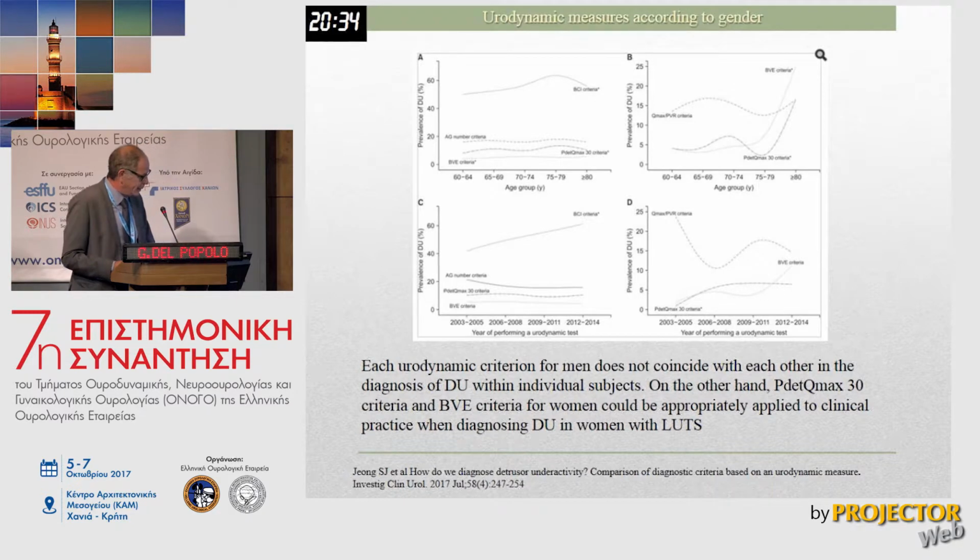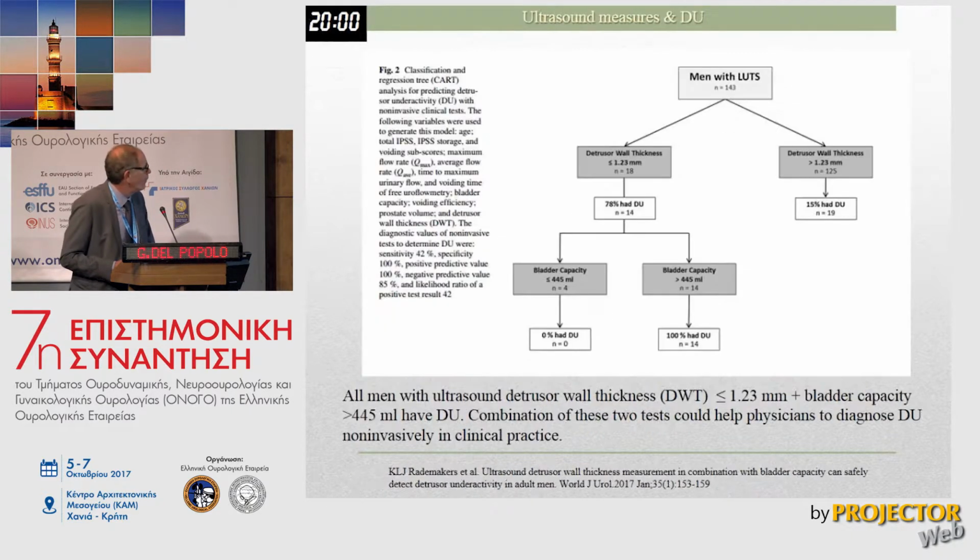In this study, they also tried to evaluate if there is any parameter in men that can be correlated with detrusor underactivity, but no parameter was found to correlate. The only parameter that was correlated was in humans who present a P-det Qmax under 30, and also a bladder volume estimation criterion. And this was the only one that can be applied for women with DU.